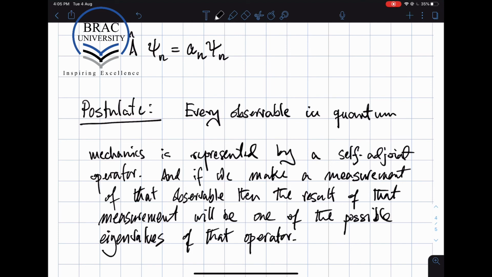So eigenvalues of self-adjoint operators play a central role in quantum mechanics.